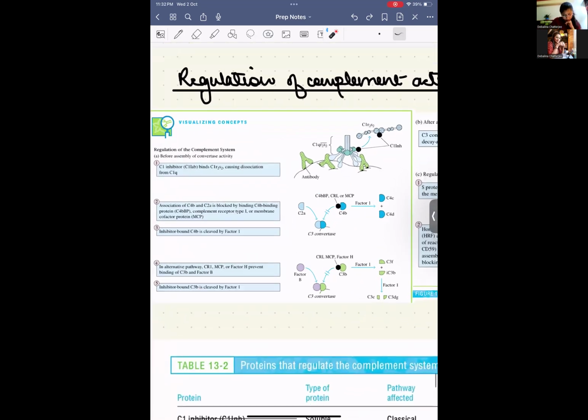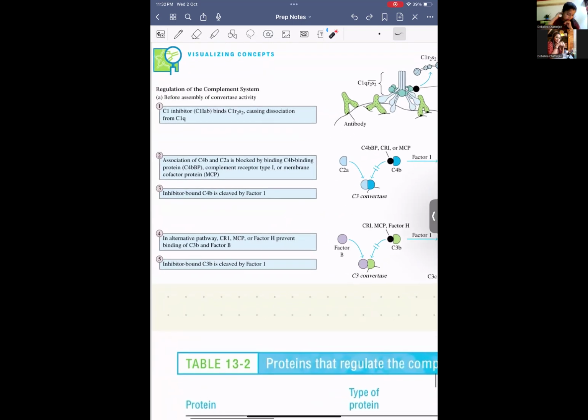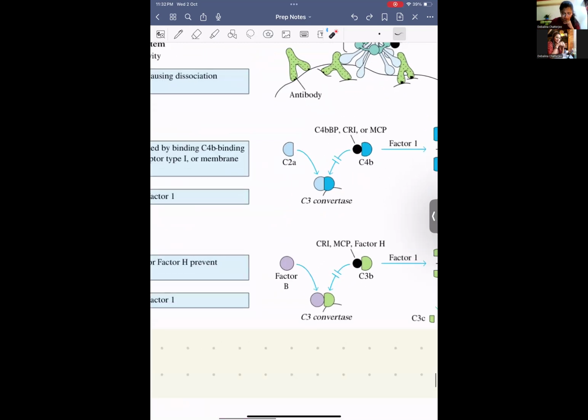In the next step, the next possible regulatory checkpoint could be where the cleavage of C2 and C4 has to happen. There can be factors which bind to the C4b fragment, such as C4b binding protein, CR1, which is a receptor of complement proteins, or MCP.